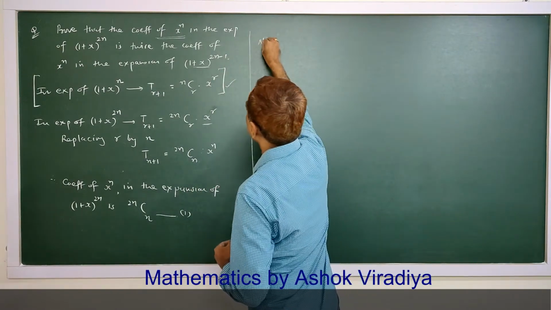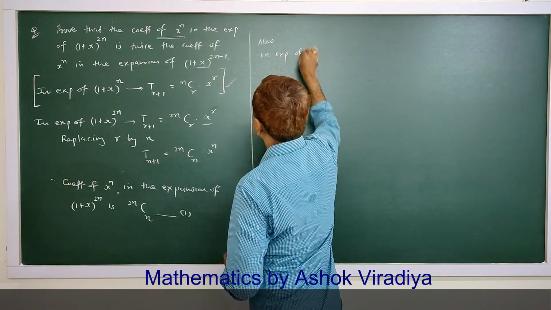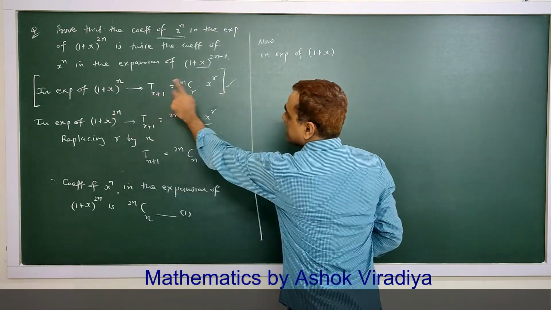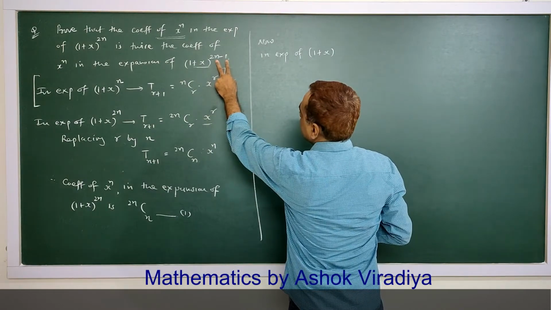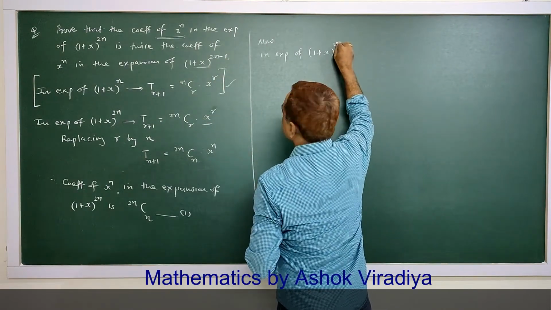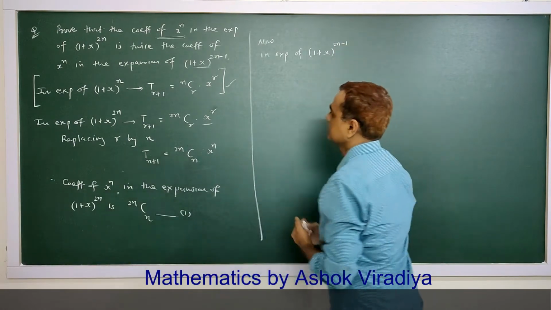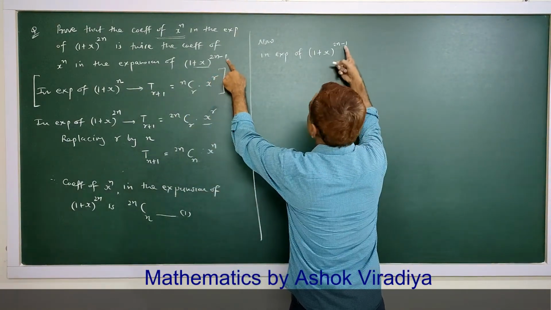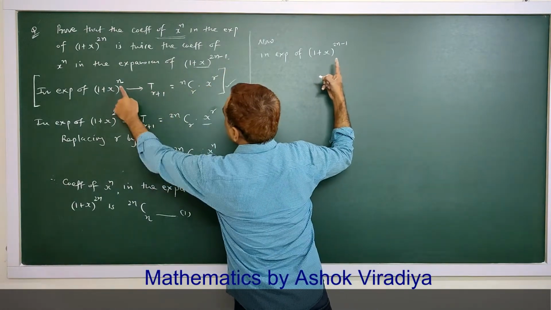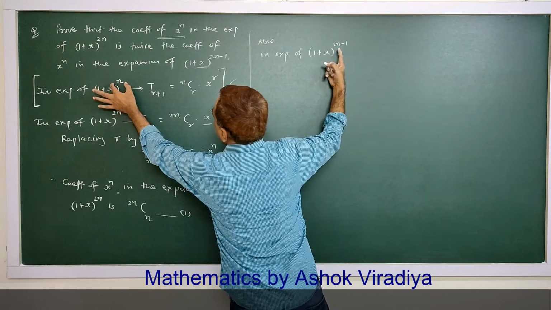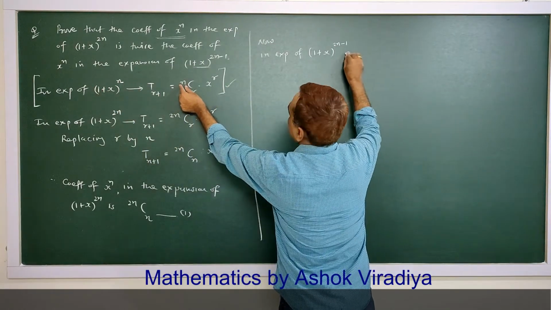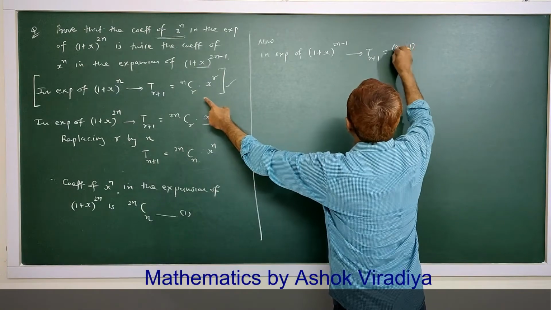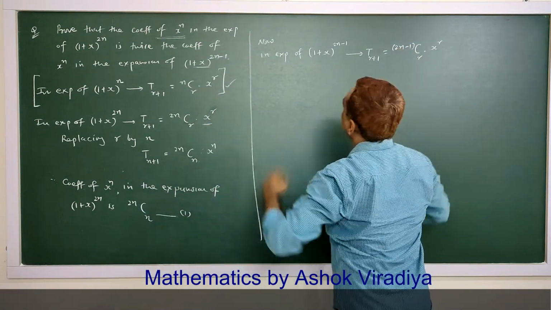So in the expansion of (1 plus x) raised to 2n minus 1, the r plus 1th term is 2n minus 1 cr x raised to r.